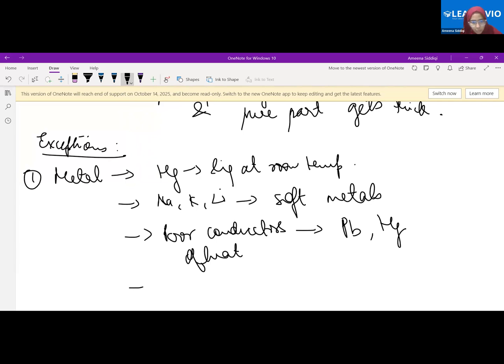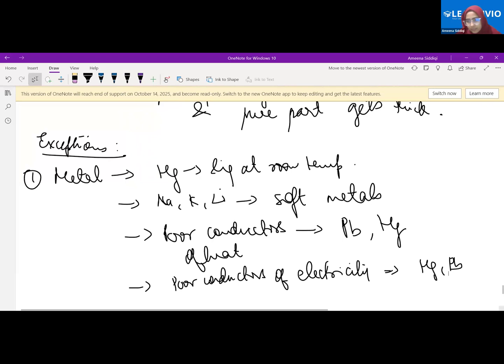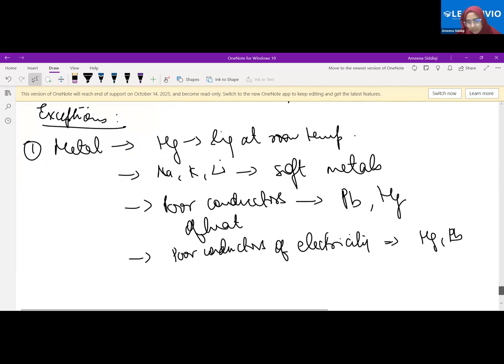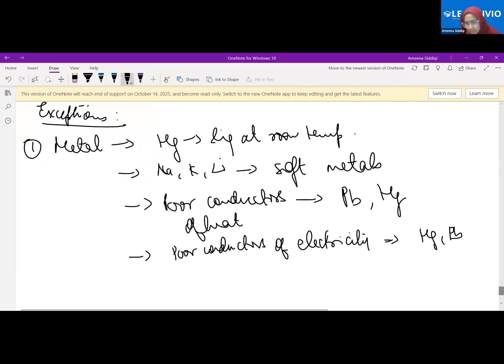Poor conductors of electricity: mercury, lead, titanium. Leave it. The next one.